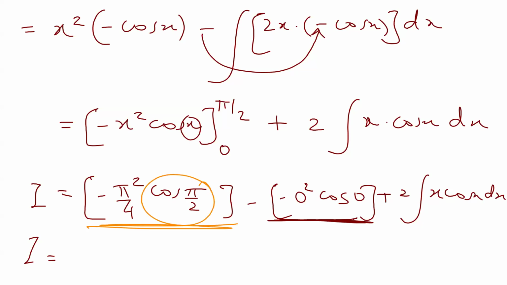Both the brackets are going to be 0. So we are just left with 2 times the integration of x cos x. We just put a bracket over here because of the 2. Upper limit and lower limit is also there. Just remember that.